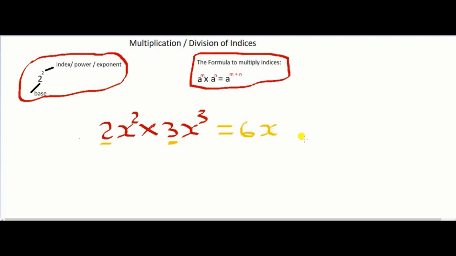But remember, we must add the powers. So we have 2 plus 3. Therefore, our answer is 6x to the 5th power.